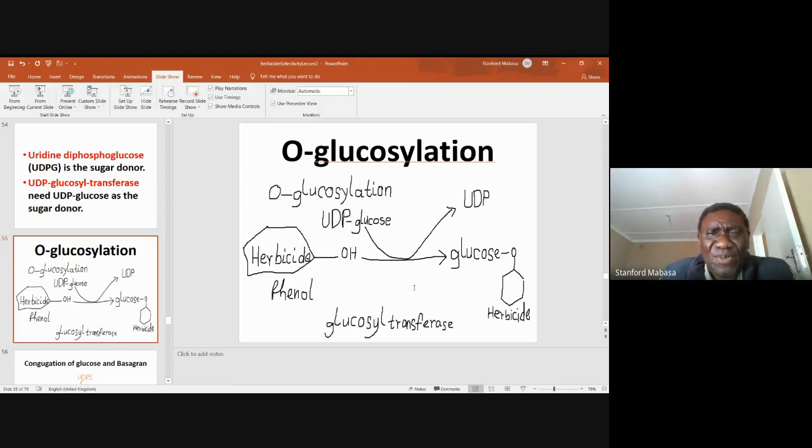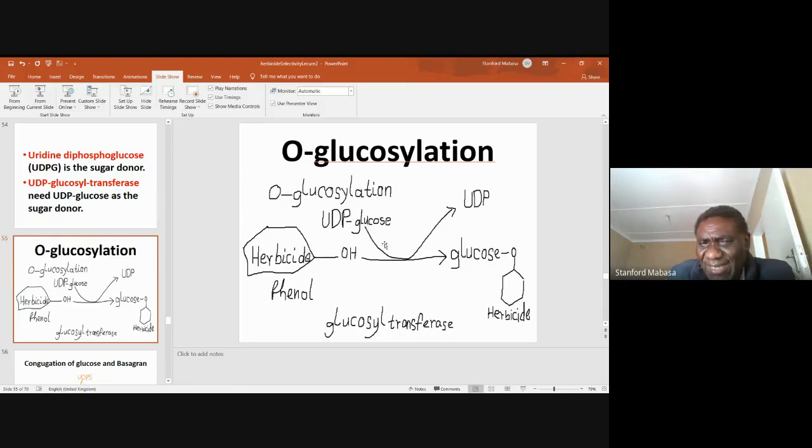First, we will talk about what is known as O-glucosylation. Now, you have the herbicide carrying the OH. In O-glucosylation, you have UDP glucose, which is the donor of glucose. It will provide the sugar, which is going to react with this herbicide carrying an OH.